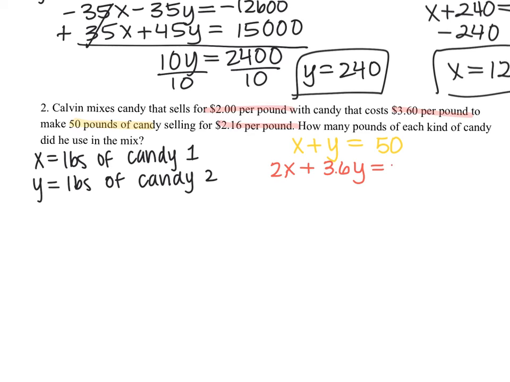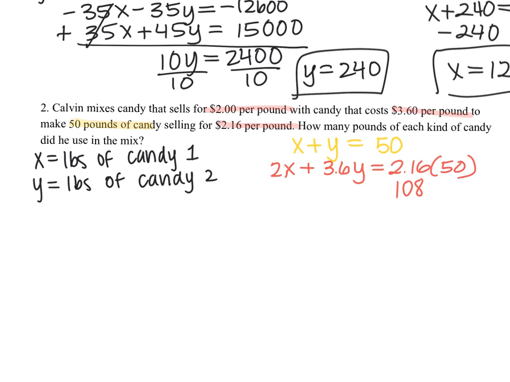So that's where we take the price of the new candy, $2.16, and we multiply it by the number of pounds of candy we're making of it. So we have to do 2.16 times 50, which is going to give us 108.